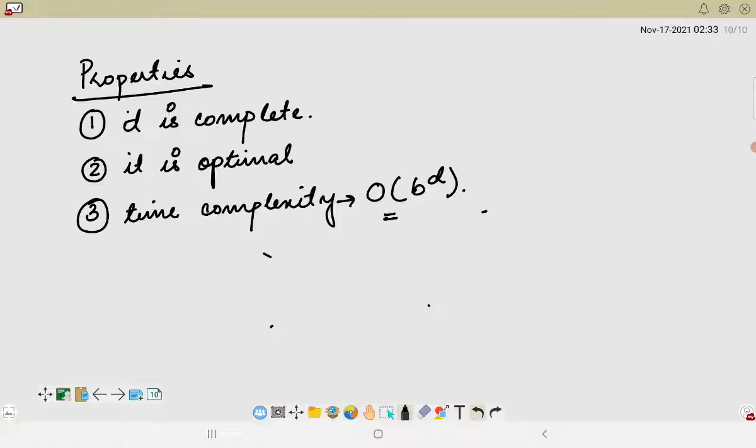And the space complexity here is also less, where b is the branching factor, and d is the depth. This we have already discussed, so we will not discuss it again. You can always refer back to the breadth first search in case you do not understand the time complexity.